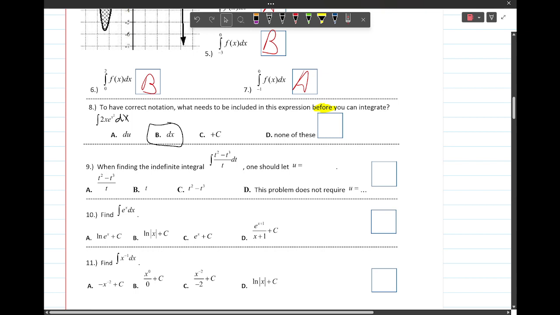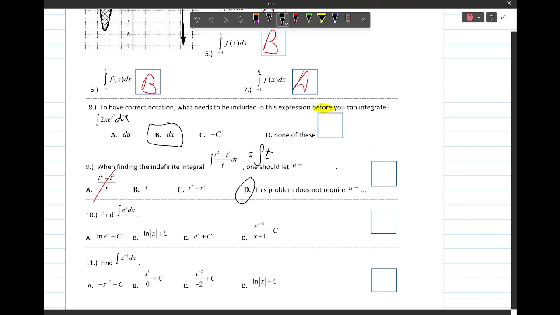When finding the indefinite integral, one should let u be that indefinite integral. What should one let u be? Okay, so never select the whole thing. That's always going to be wrong. This problem does not require u substitution, because what this problem requires is simplification.